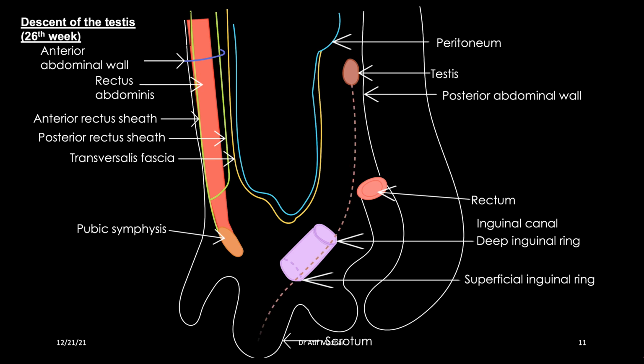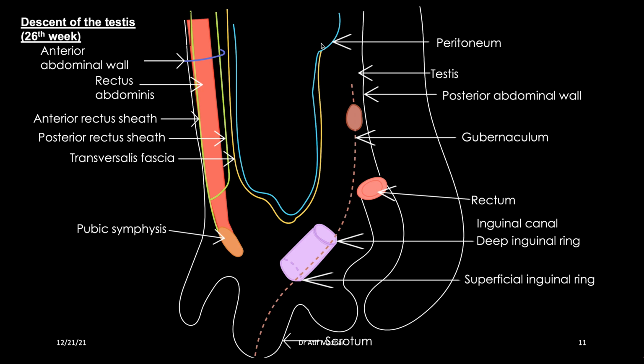Now this dotted line is representing a very important structure, known as the gubernaculum. Let's use it as the tracker, the pathway. So now this is my gubernaculum, and you can see the testis has started its descent.